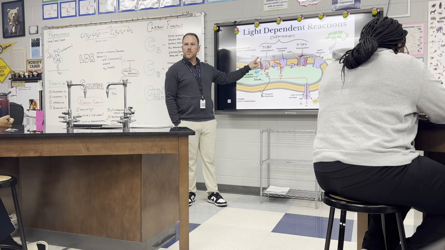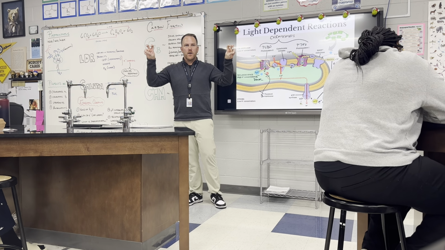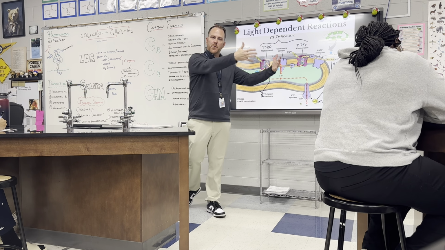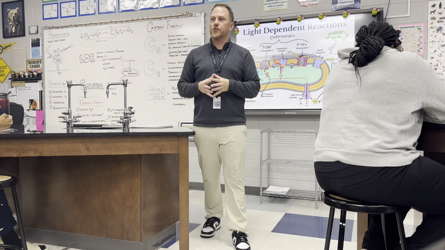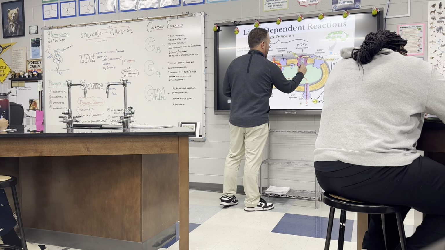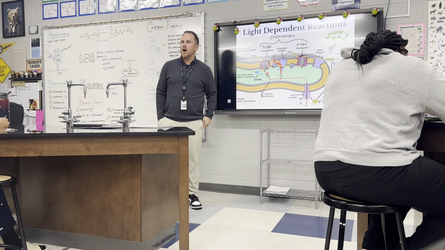So from photosystem 2 to photosystem 1, we call it the fall. Every time electrons are passed from protein to protein, they lose energy. So by the time they get to photosystem 1, the energy level of those electrons is extremely low.